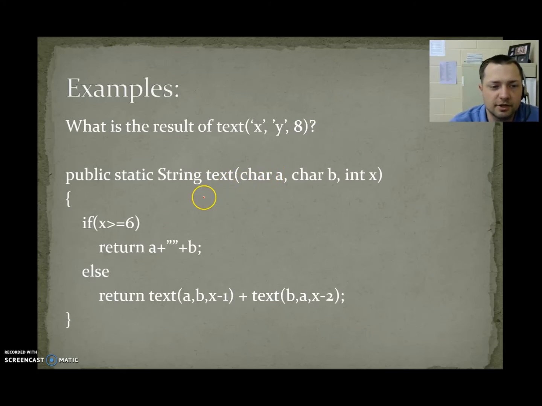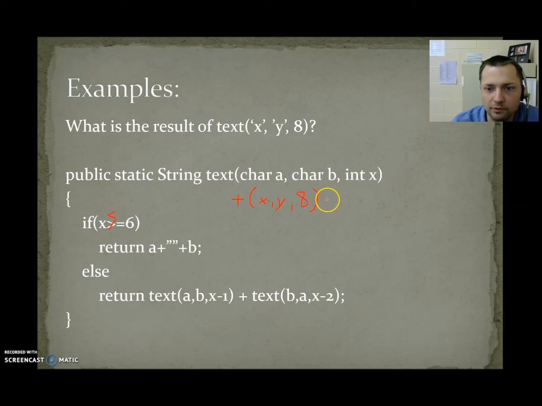Alright, so starting this one out, let's go ahead and change this to a less than, because that was supposed to be a less than for this problem to be at all interesting. So T(x, y, 8). First thing we try to figure out is, is x less than or equal to 6?